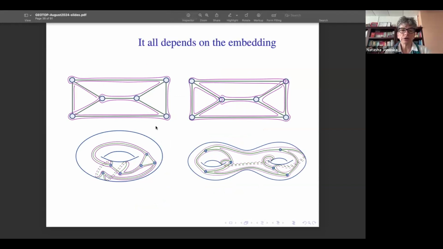So if I want the best reporter strand for this graph, I don't have to traverse this cycle and this cycle twice. Then I can embed the graph in a single torus. But if I want a boundary component that traverses every edge twice, then my embedding is actually in a double torus.